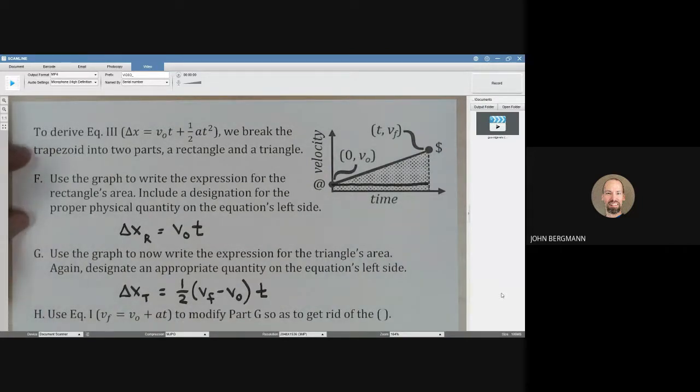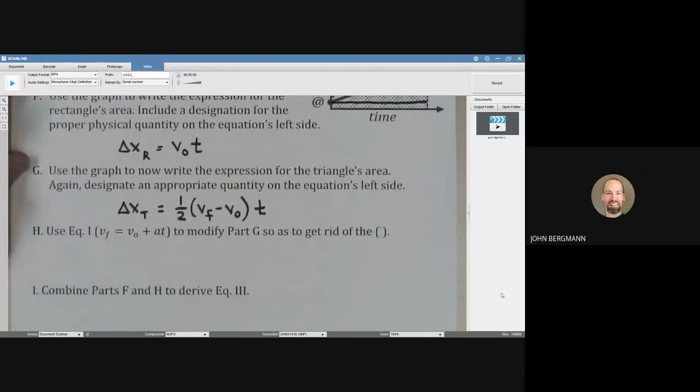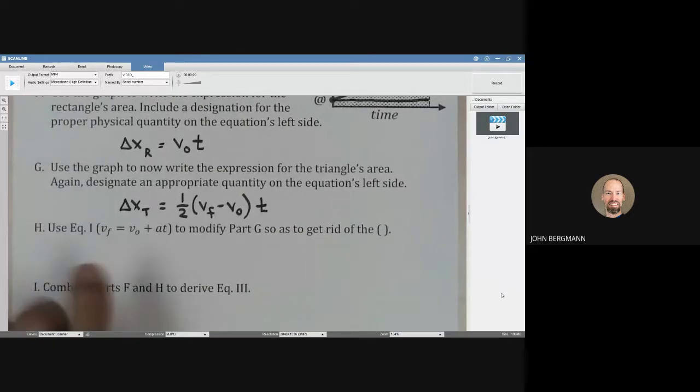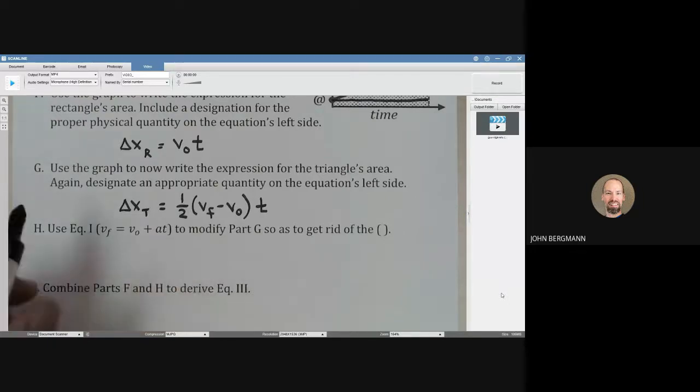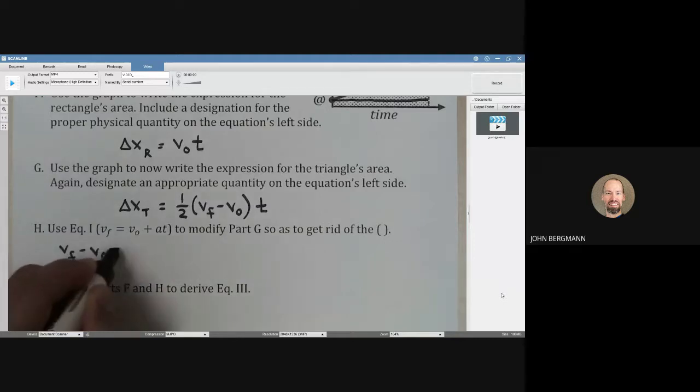Use equation 1 now, which we went through in an earlier video, to modify part G so as to get rid of the parentheses. If we want to get rid of the parentheses, I think we can say that VF minus V naught is equal to A times T. Isn't that correct?